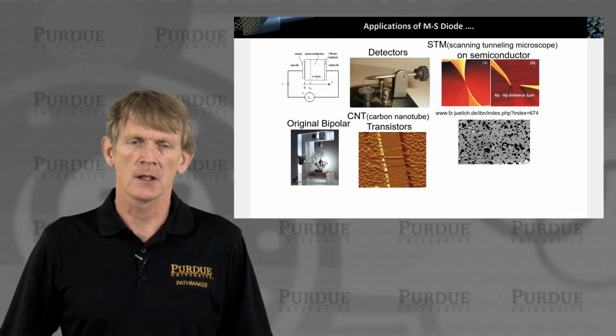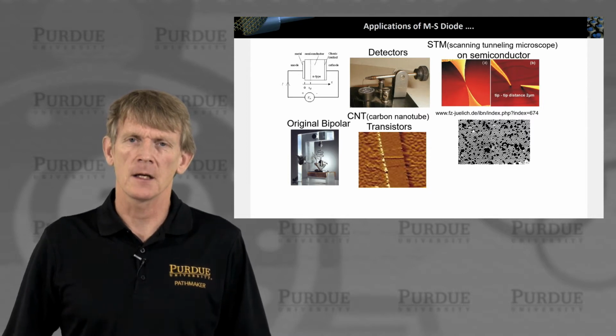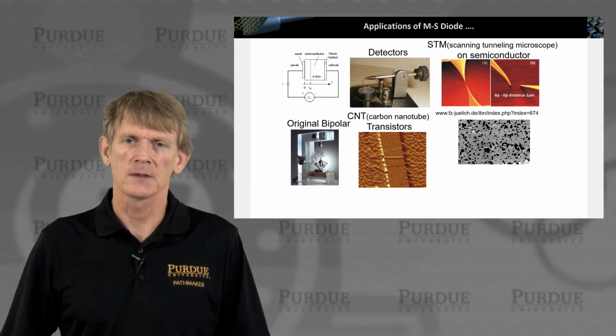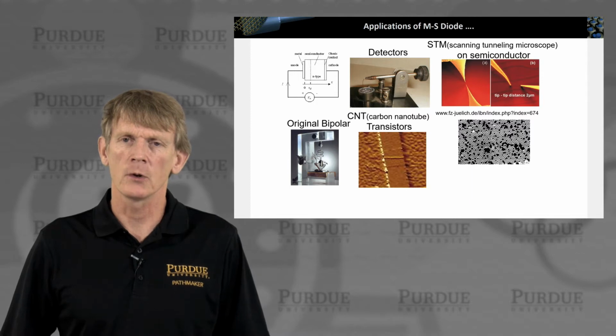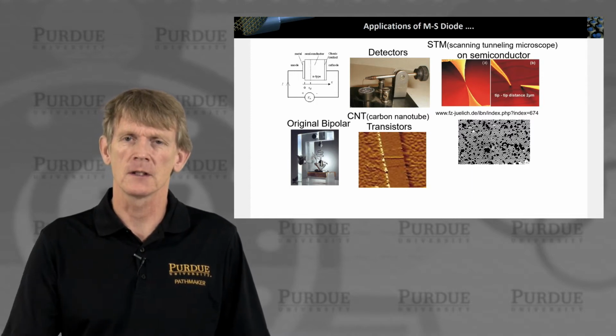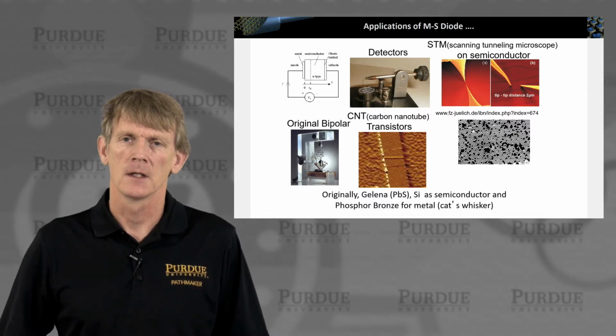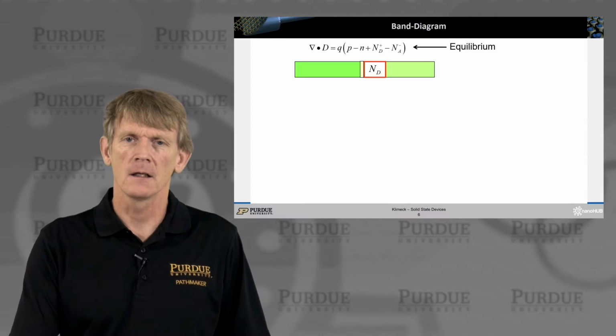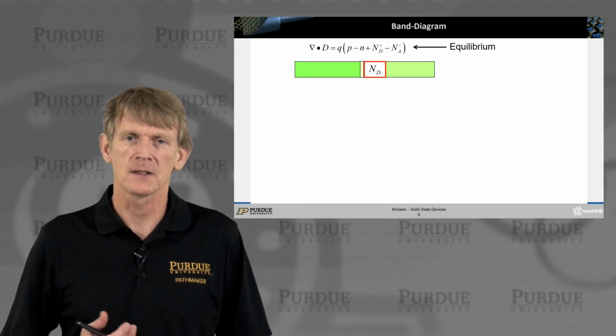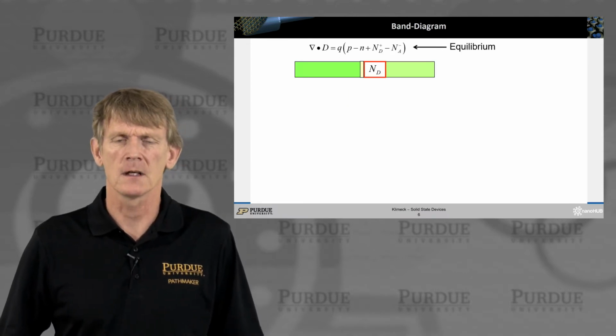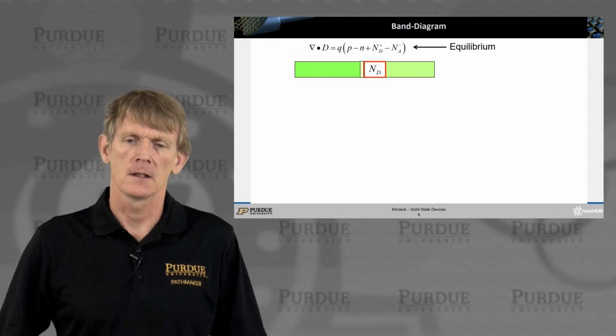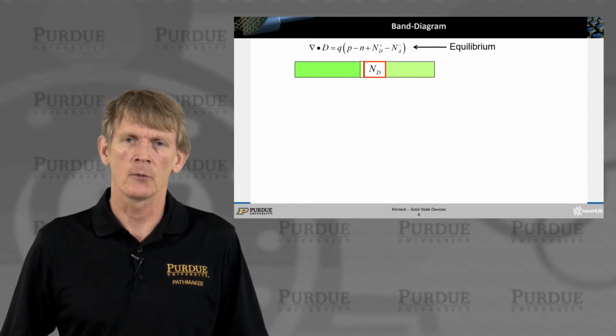And of course, if you are into STM microscopy, where you have metal tips that are getting lowered into surfaces to measure surface details, you certainly deal with a Schottky contact as well. So these are typical historical applications, but this thing has a really important application even today, because all our MOS devices have these contacts in them.